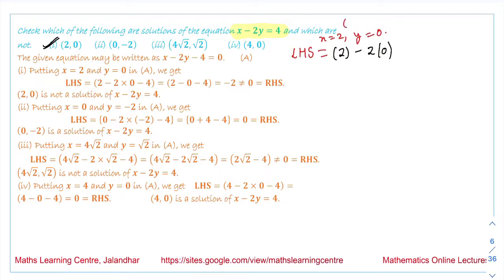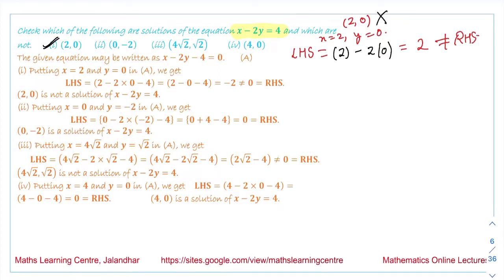Why are we substituting this? Because the ordered pair 2 comma 0 is given to us, and we are checking whether this is the solution of this equation or not.